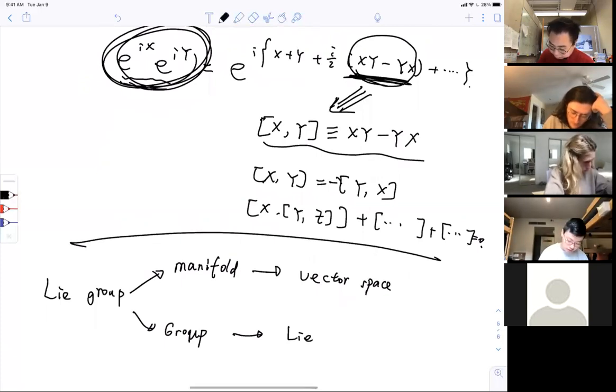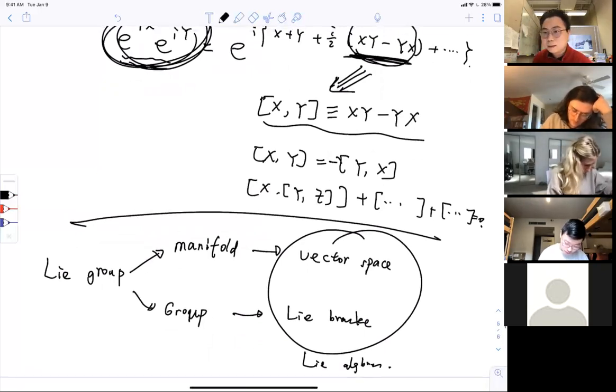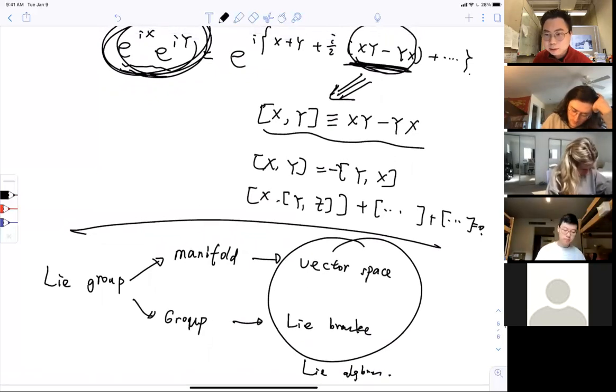In this case, it's a commutator. And this is nothing but a Lie algebra. Is it clear? Or any questions?